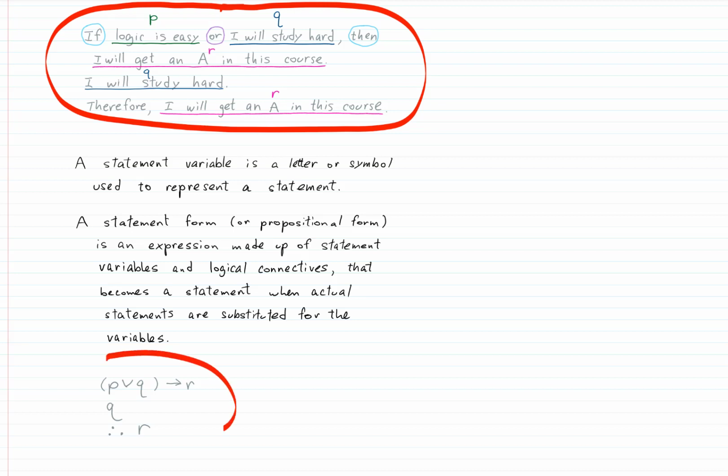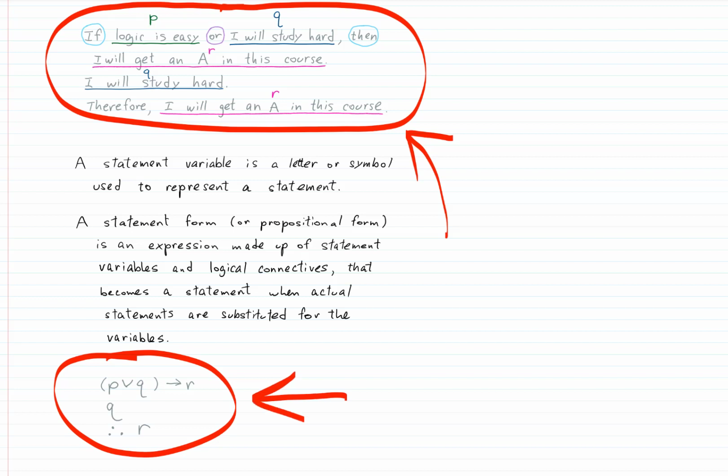Down here, I have symbols that show me the logical form of the argument up here. Do you see how that is? This down here doesn't tell me what the argument up above says, but it shows me the logical form of the argument up above. Okay?